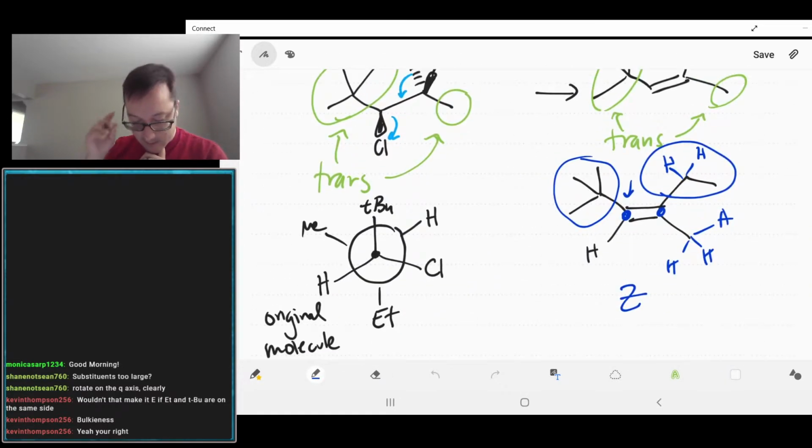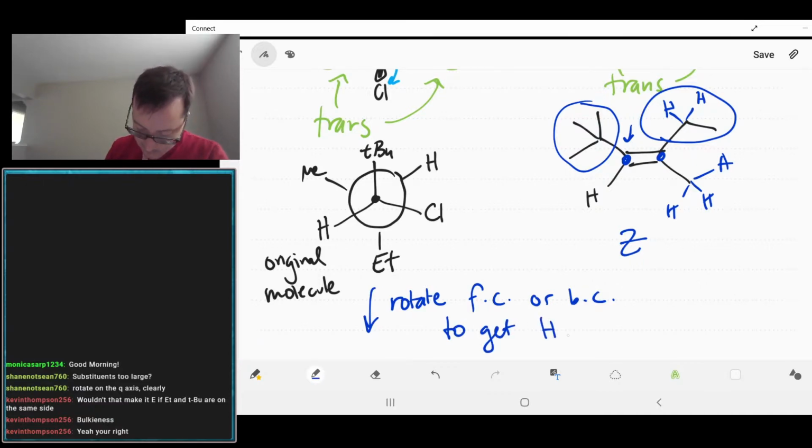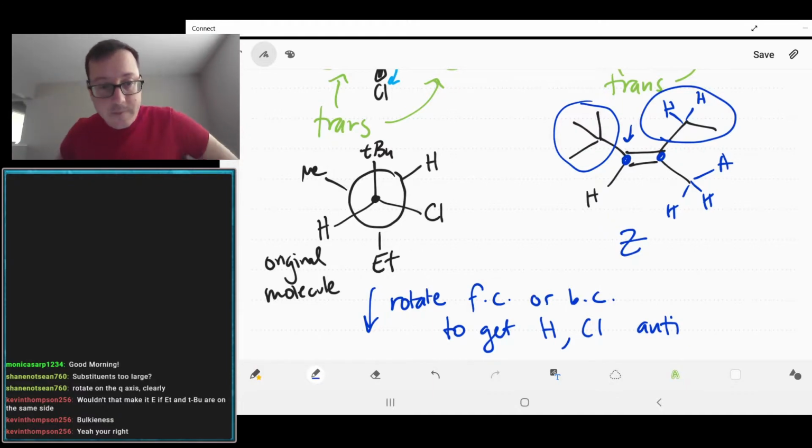So yeah, Z alkene. Anyways, if we take a look at our original molecule, we can just rotate it. We could rotate either the front or back carbon to get those two anti to each other.